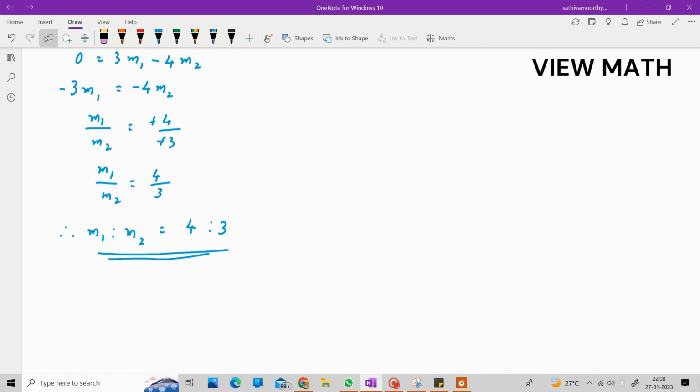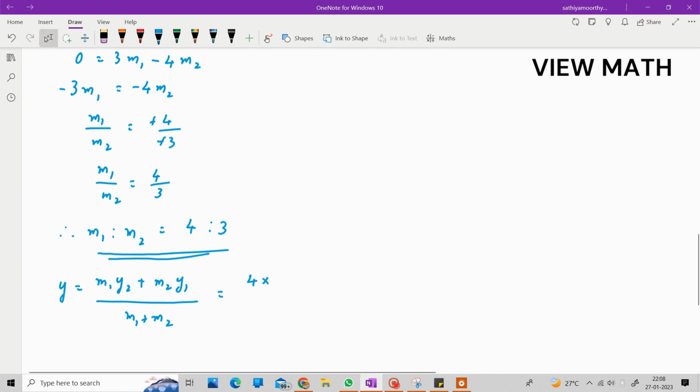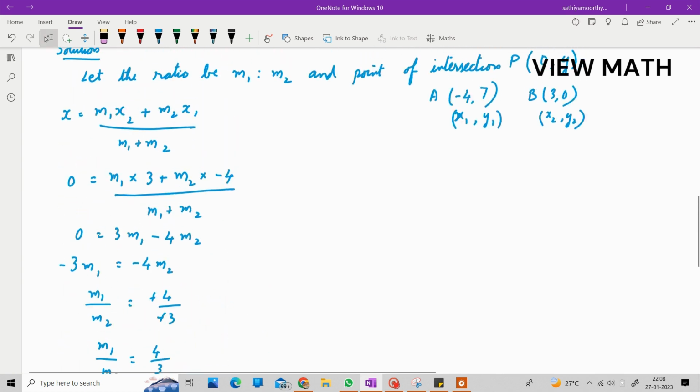Now I need to find out the point of intersection. The x coordinate I know, the y coordinate I need to find out. So y is equal to m1 y2 plus m2 y1 by m1 plus m2. Let me substitute m1, which is 4, y2 is 0 and y1 is 7.